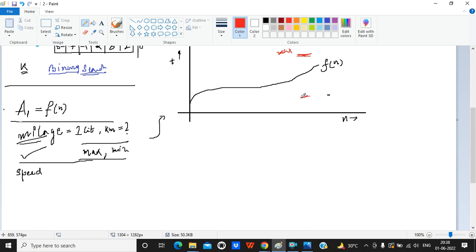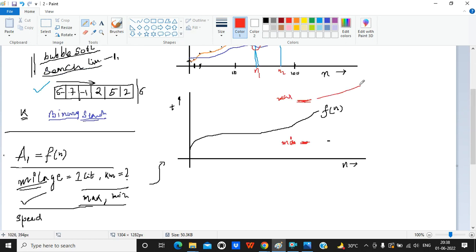The minimum, if you are not doing service properly or for some other reasons, may reduce. It may come to 10 kilometers. Yes, this can happen. This is the minimum. So you will have two bounds. This is called your upper bound and this is your lower bound.